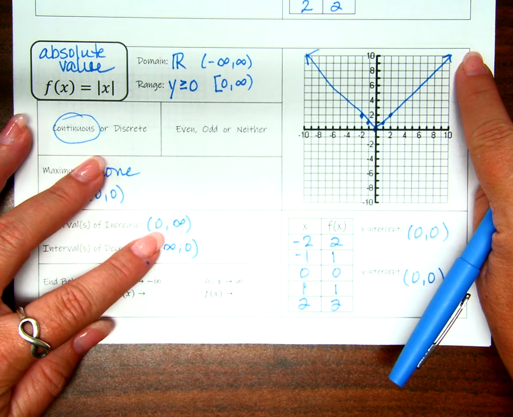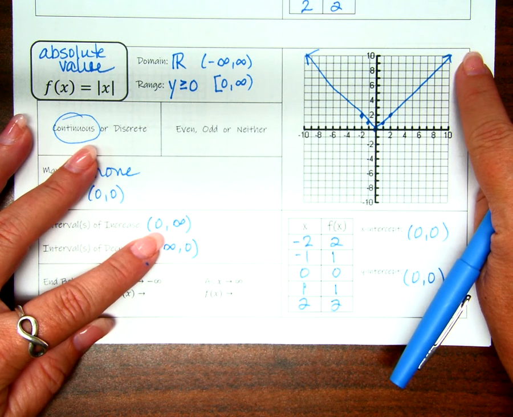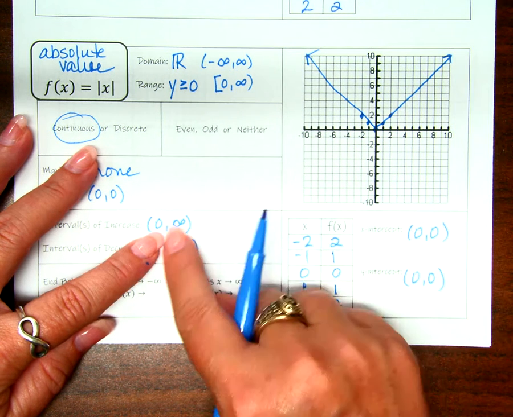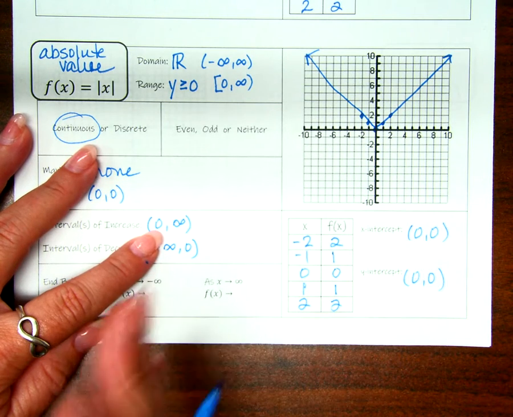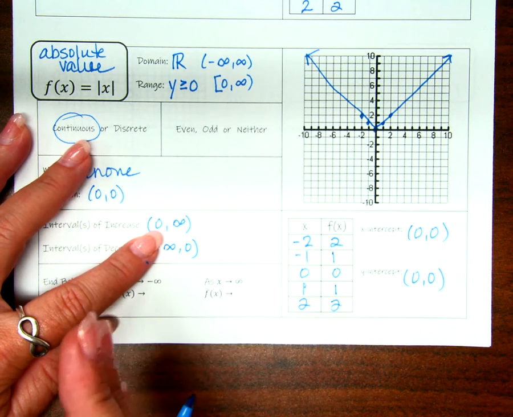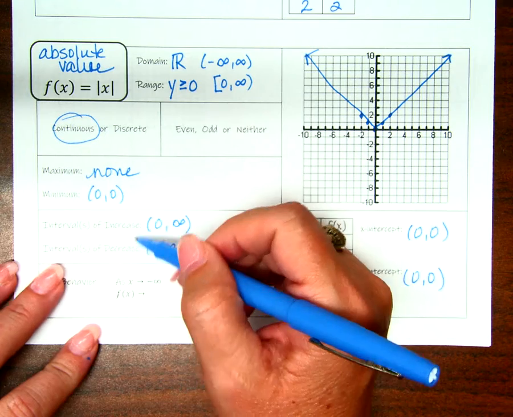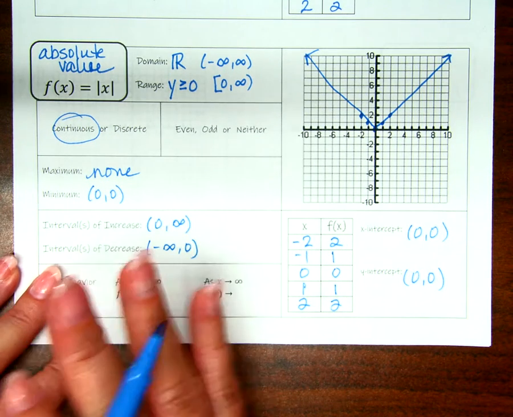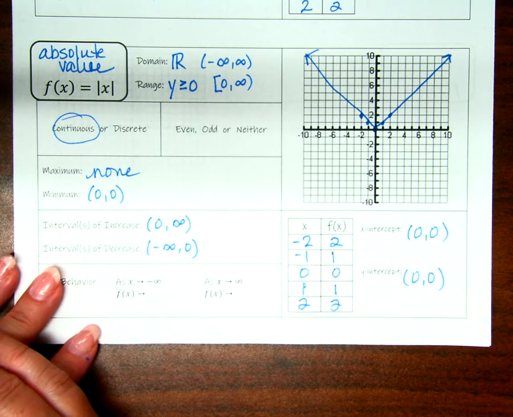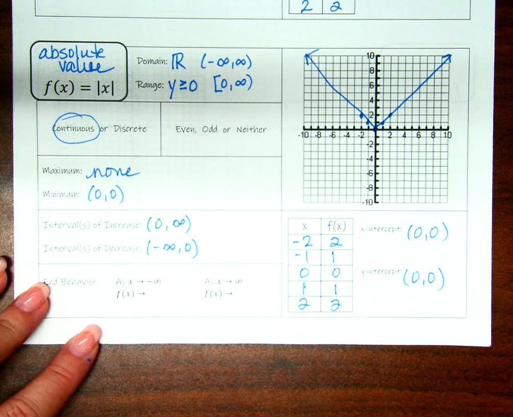Can a point be increasing or decreasing? It's only after that point that can be increasing or decreasing, right? And so it starts at 0, but we can't include 0 because 0 is that point where it starts the increase. So when we're talking about intervals of increase or decrease, I'll just make it really easy on you. We won't ever have brackets there. There'll always be parentheses there. Okay?